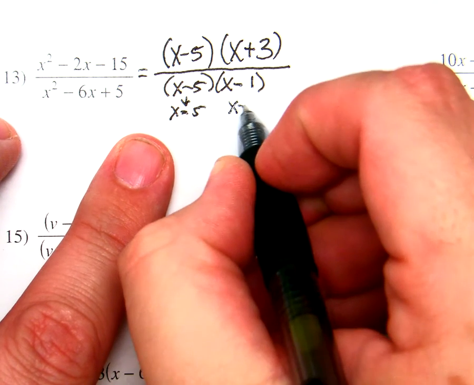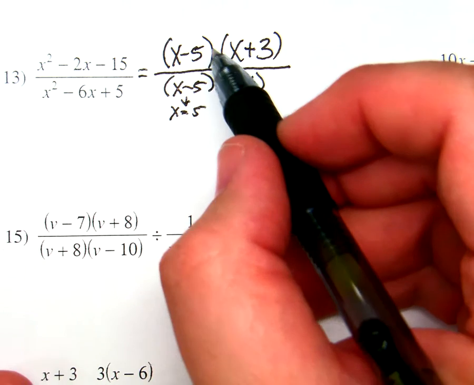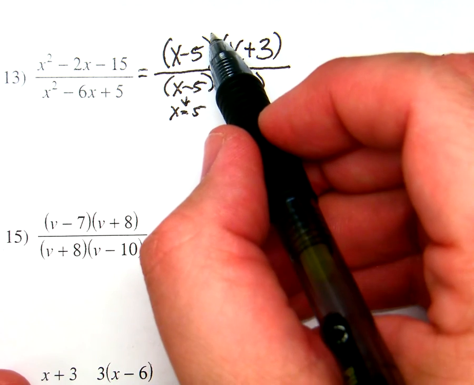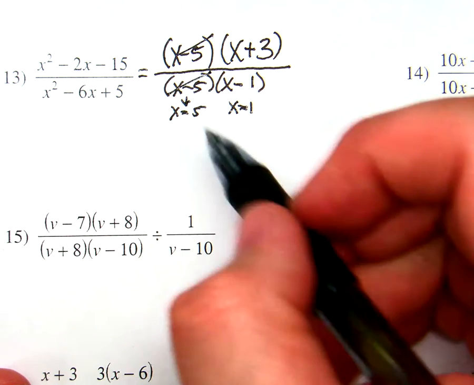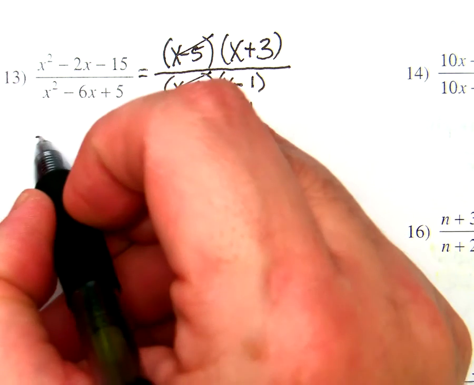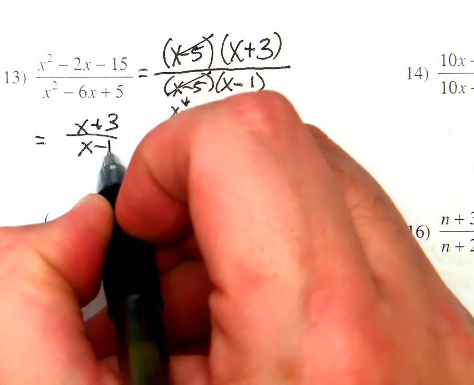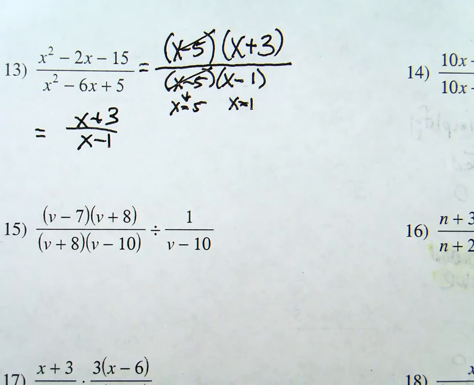What can I divide out? The x minus 5s, right? So I can get x plus 3 over x minus 1, and that's my final answer. But I also know the function won't exist here or here.